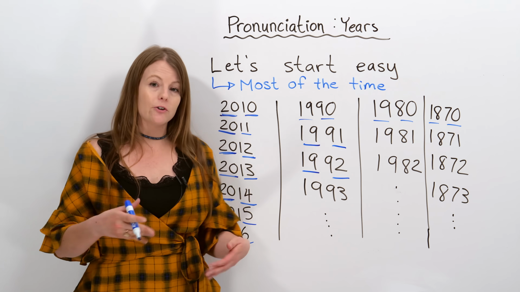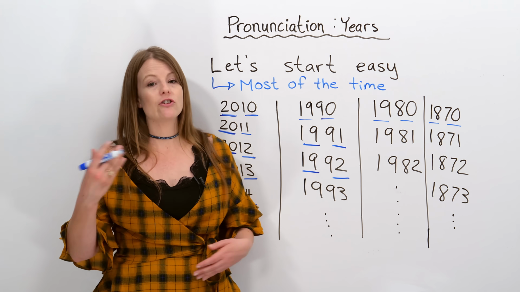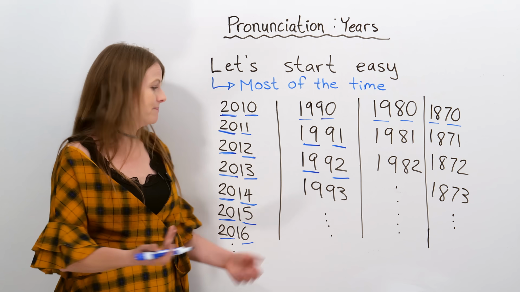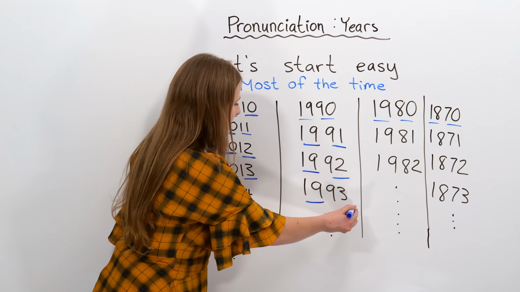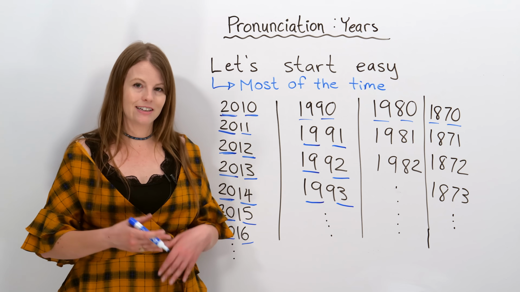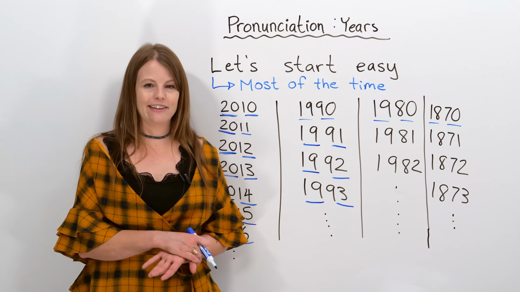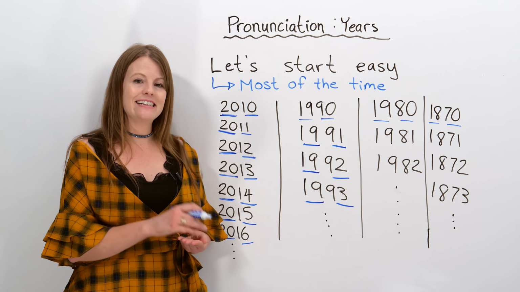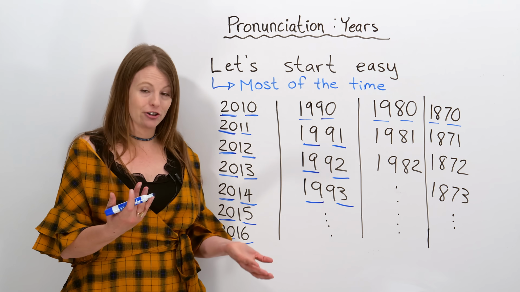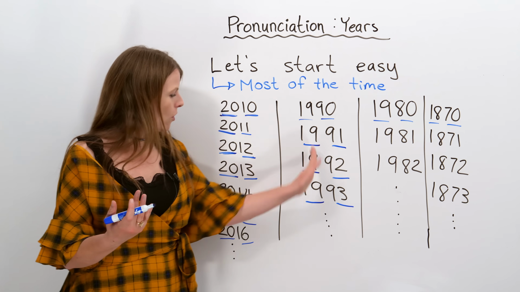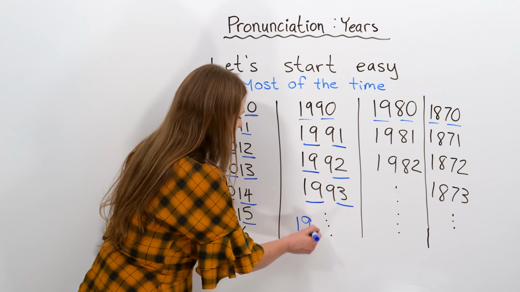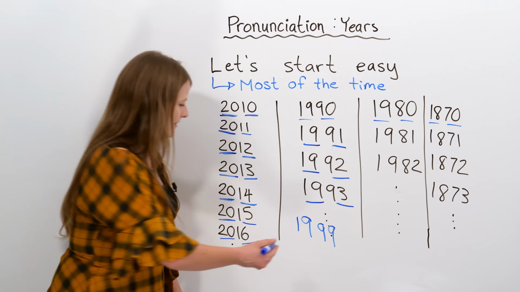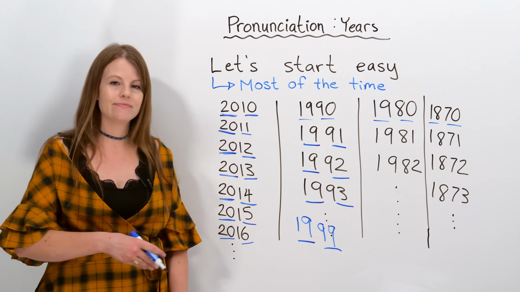Or maybe for some of you who are older, maybe you went to college during these years, or you remember these years really well. Nineteen ninety-three. What comes after nineteen ninety-three? Can you guess? If you said nineteen ninety-four, you're correct. So this goes all the way up to nineteen ninety-nine.